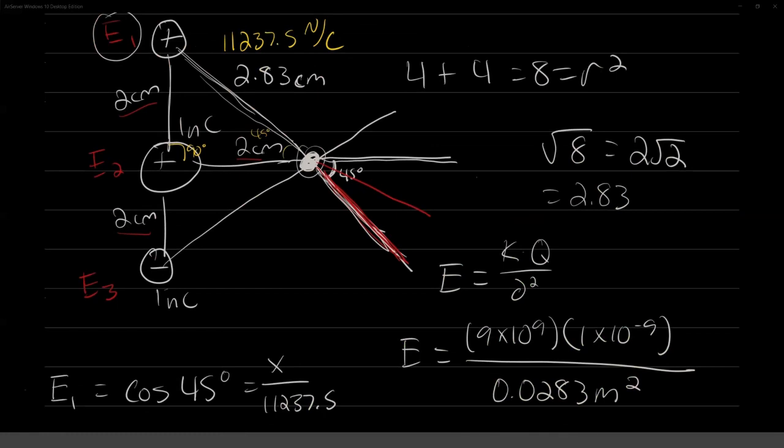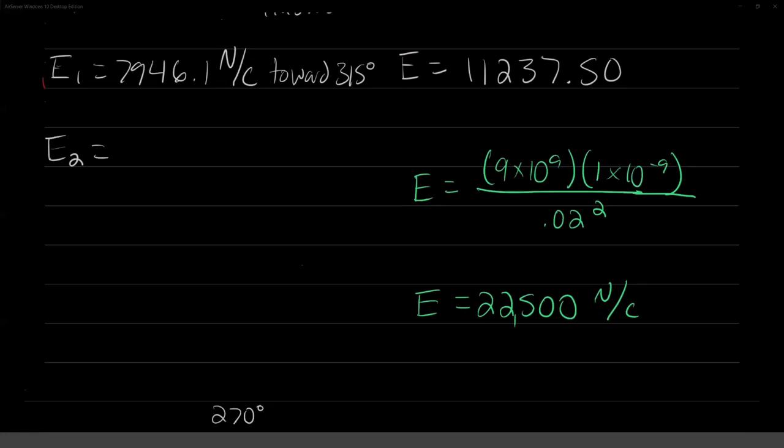Yeah, because it's just a shorter distance. Jeremiah, those numbers make sense? Yeah, it's definitely going to have more of a pull on it the closer it is, or push on it, whatever. So we'll just say to the right.